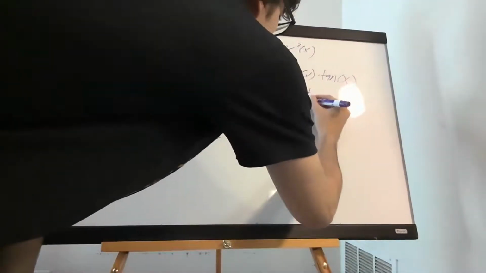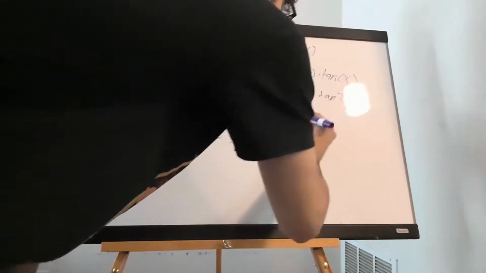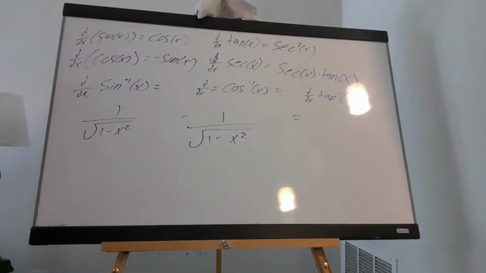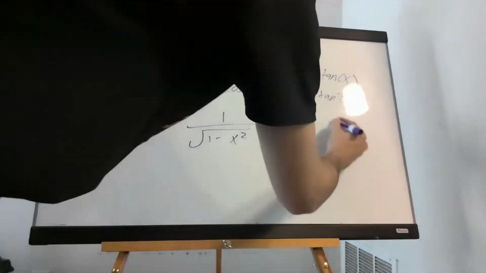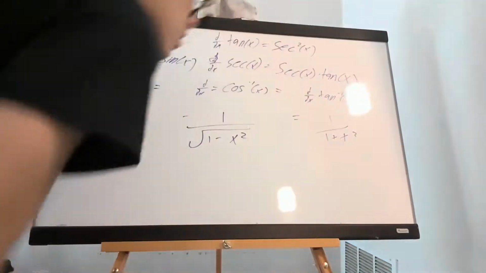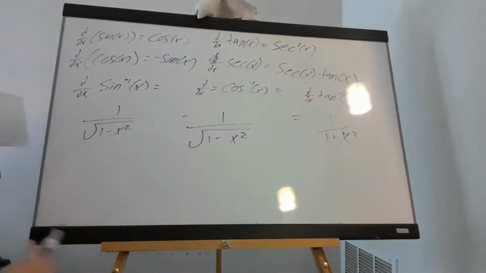And the derivative of the inverse of tangent is equal to 1 over 1 plus x squared.